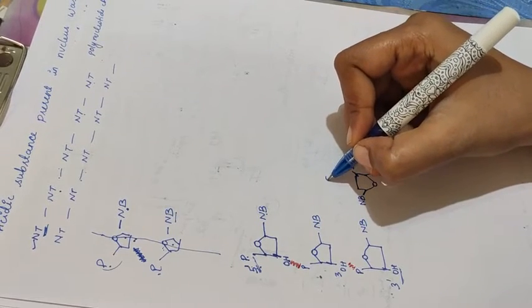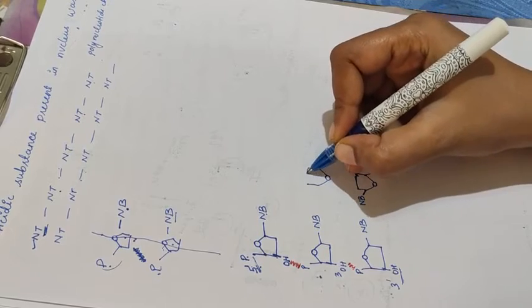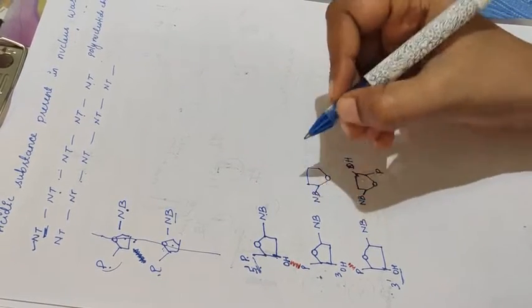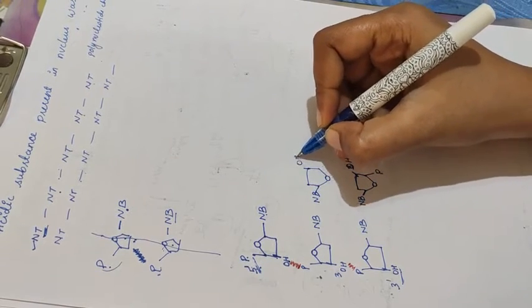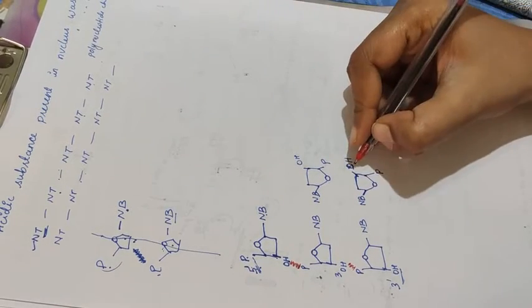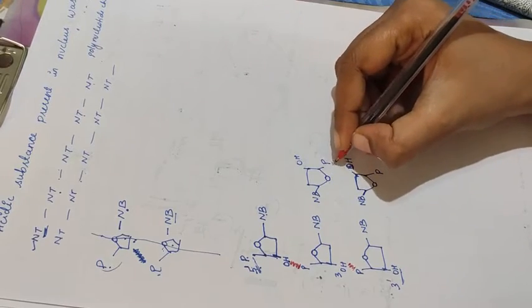Similarly, take one more. Again the same, the first position will have a nitrogen base, second, third position will have the OH, fourth and fifth. Now the bond is between the free 3' OH and the phosphate group. So you can see the bond here.